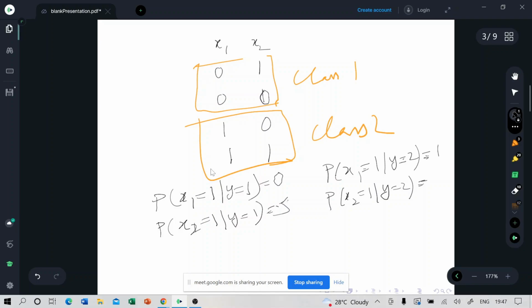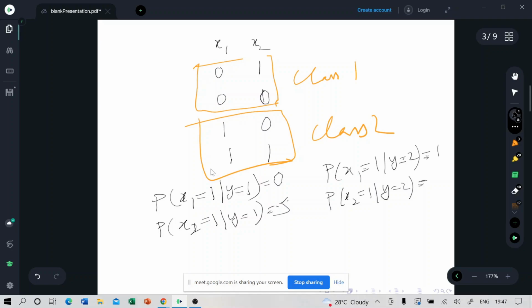If you multiply too many small numbers, the resultant number becomes so small that the machine will give an underflow error. It won't be able to represent the number using single precision or double precision floating point numbers. Is the problem clear? Yes, sir.